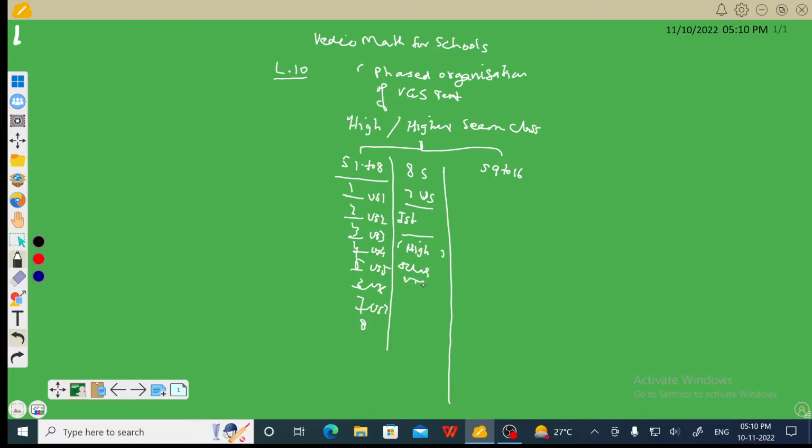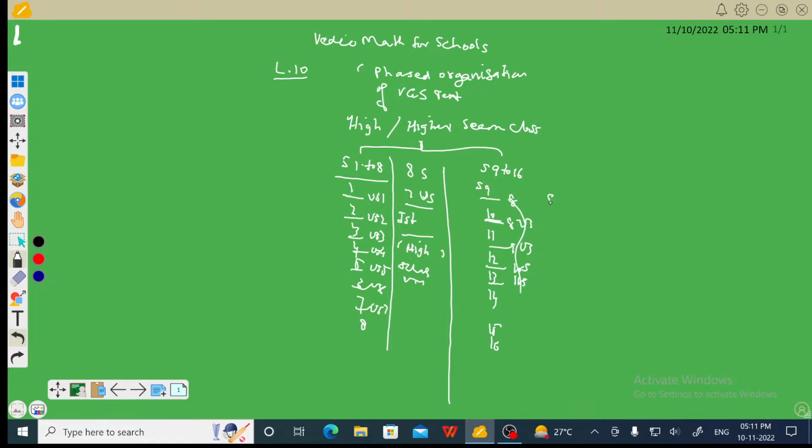And Sutras 9, 10, 11, 12, 13, 14, 15 and 16 are having transitions of 8th Upsutra, 9th Upsutra, 10th, 11th, 12th and 13th.